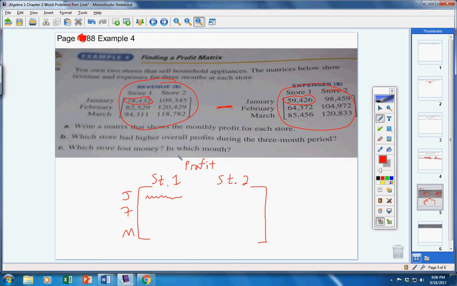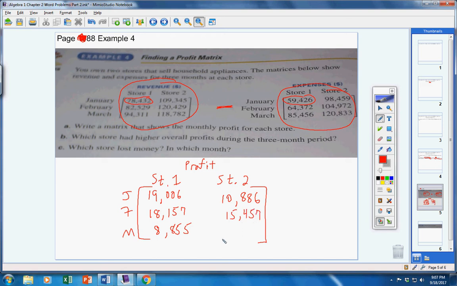So, to save time, because I know all of you know how to add and subtract, I went ahead and did the work. Okay, so you would get 19,006 here. You would get 18,157 here. You would get 8,855 here. 10,886 here. 15,457 here.